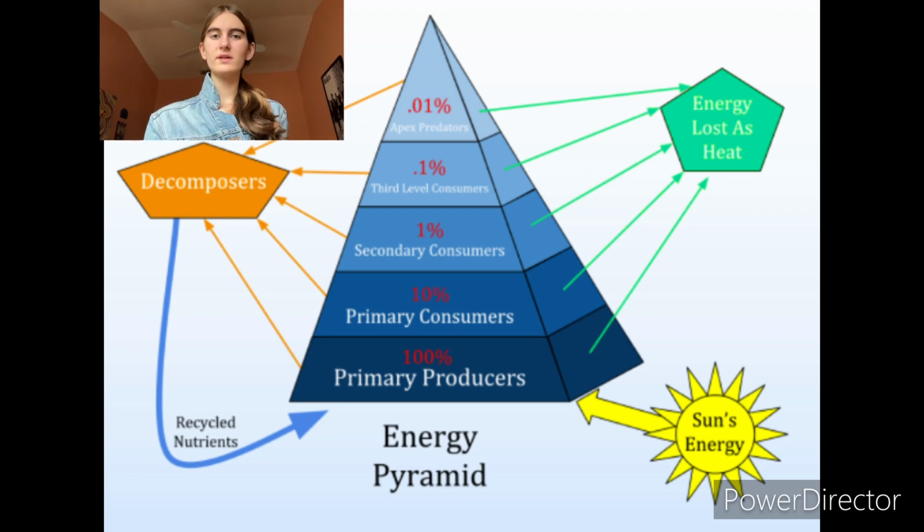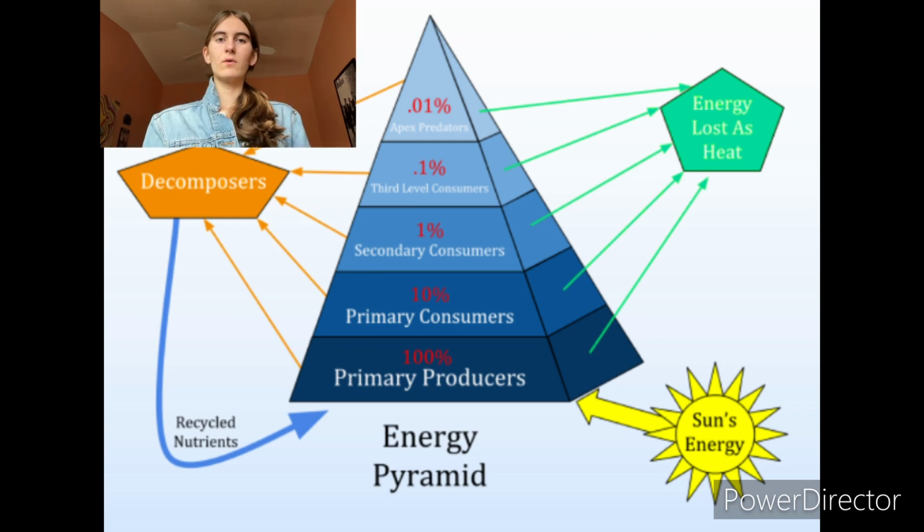But since only 10% of the energy is passed on through the trophic levels, 90% of it is lost as heat. Once the animal dies, it is the decomposer's job to break down the organisms and release the energy back into the ecosystem.